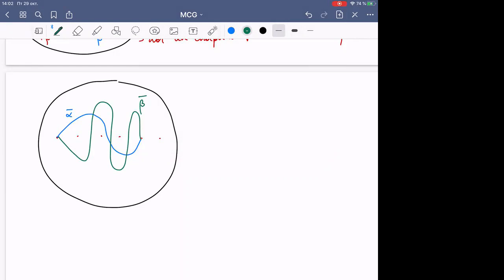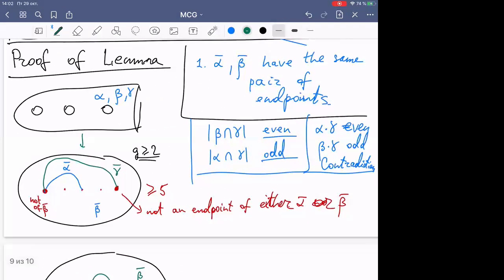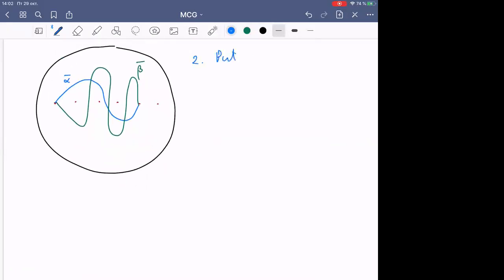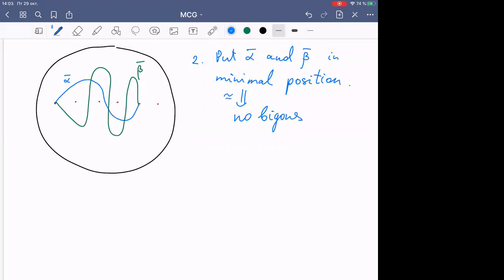So now let us proceed as follows. Second, we may put alpha bar and beta bar in minimal position. What does it mean? It almost means that there are no bigons.